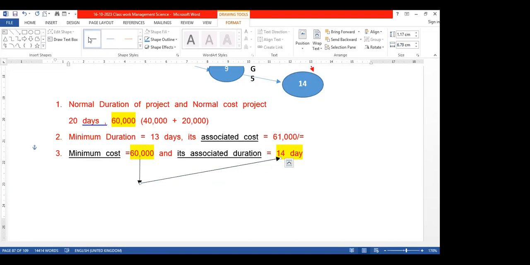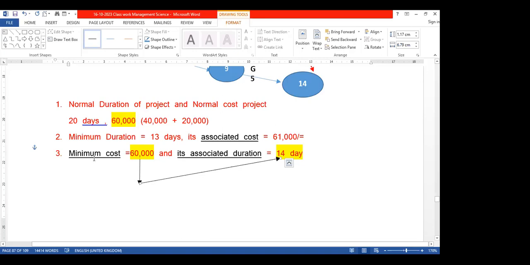Actually, from the normal duration diagrams, we are starting the process for the third one. We are considering the normal cost as a basic amount for the calculation purpose.